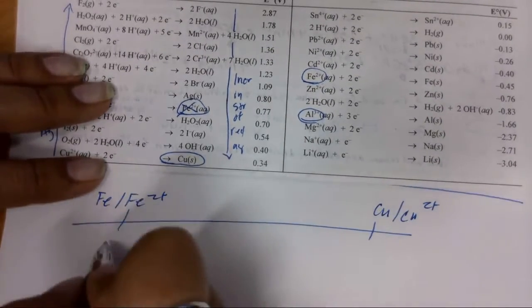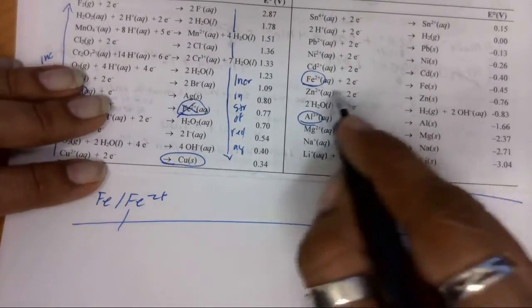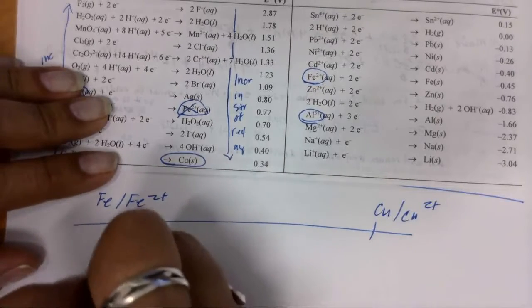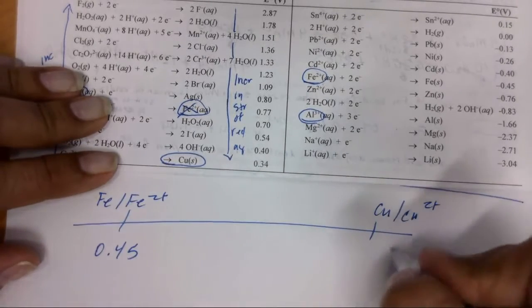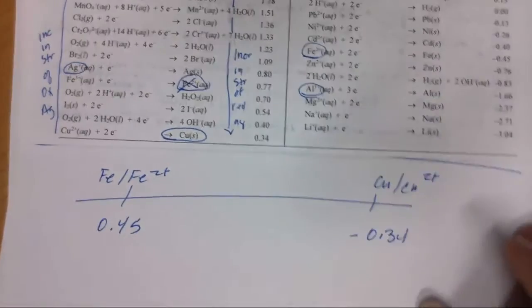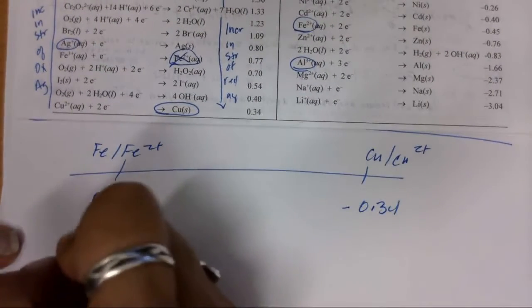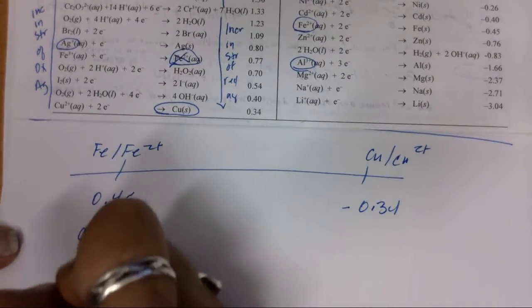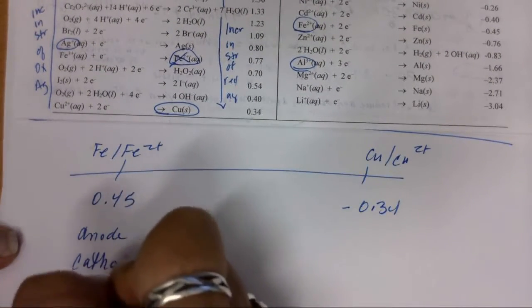So what's my potential here? Negative 0.45, and then I've got negative 0.34. So I've got my anode and my cathode.